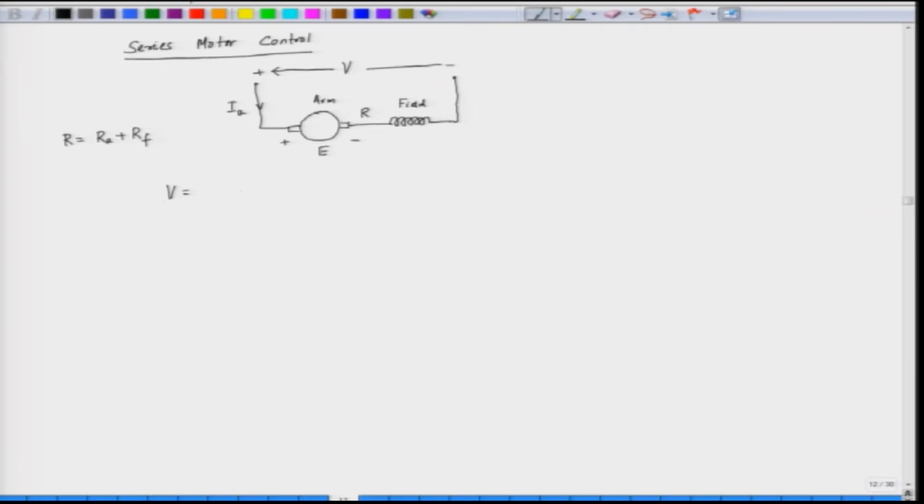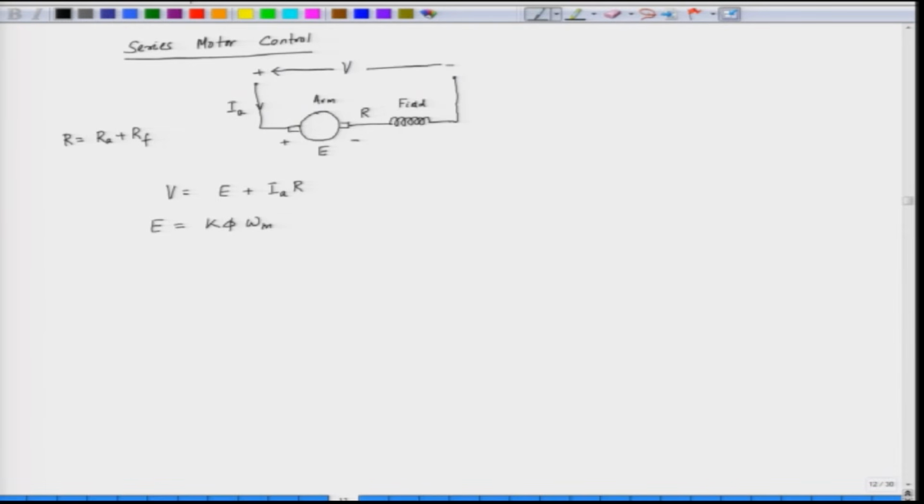V is equal to the back EMF E plus I A into R. Now, what is E here? E is the back EMF, which is usually the flux into the speed, K phi into the speed.